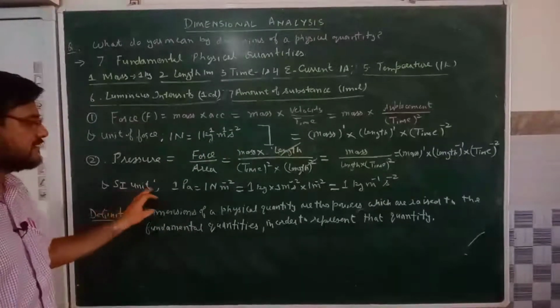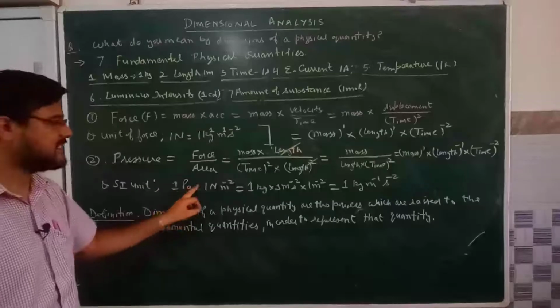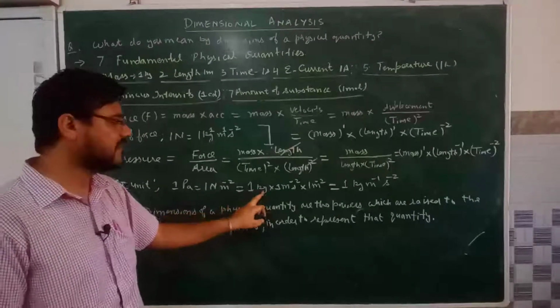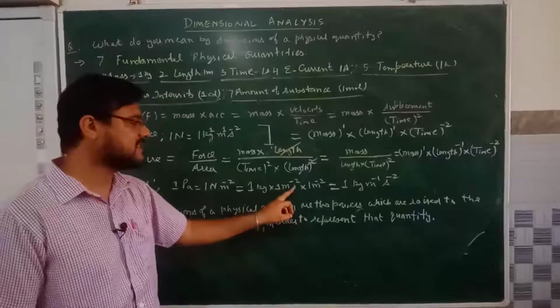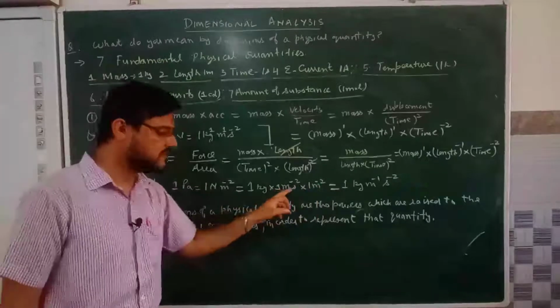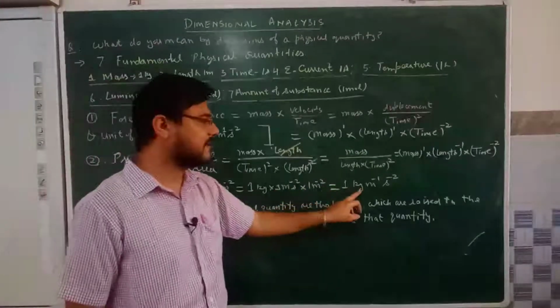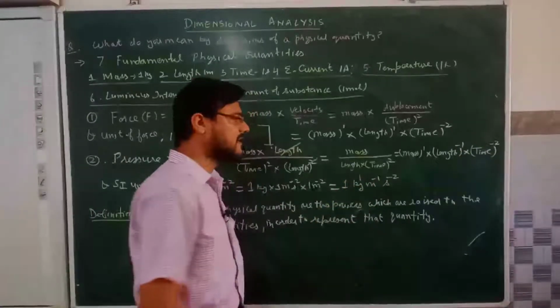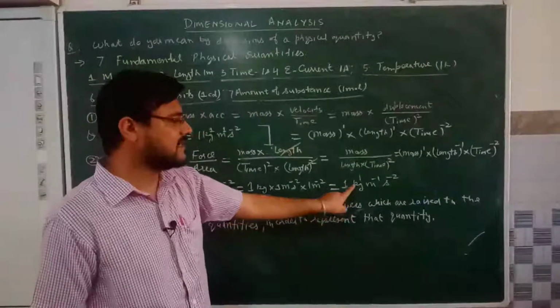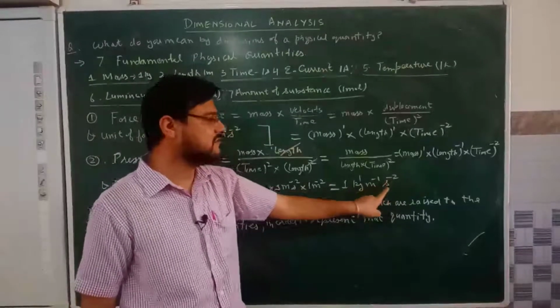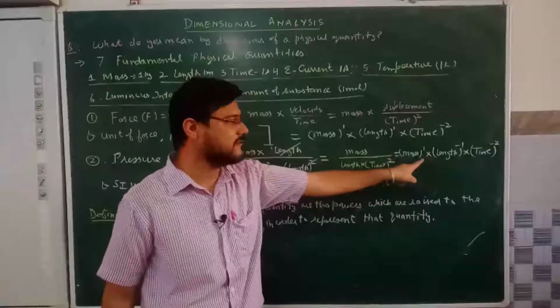Similarly, the SI unit of pressure is 1 Pascal. 1 Pascal we can write as 1 Newton per meter square, and 1 Newton is 1 kilogram into 1 meter per second square, multiplied by 1 per meter square. After cancelling out we are left with 1 kilogram per meter per second square. Again, the dimensions are 1 for the mass, -1 for the length and -2 for the time, which is the same as before.